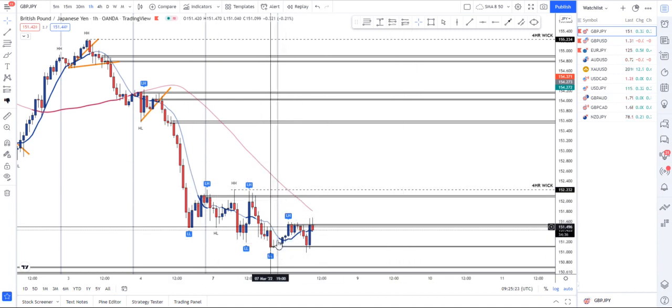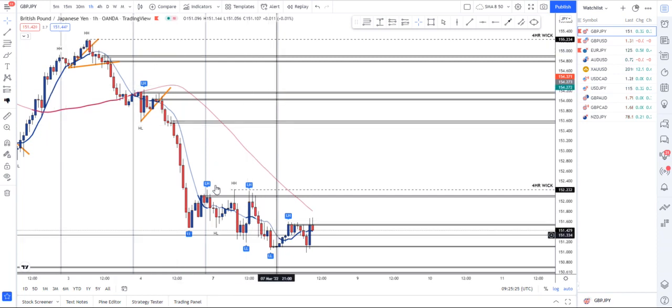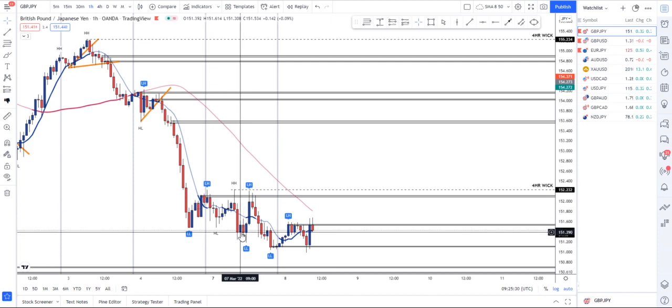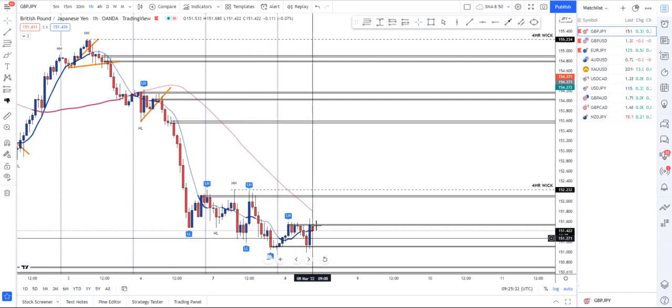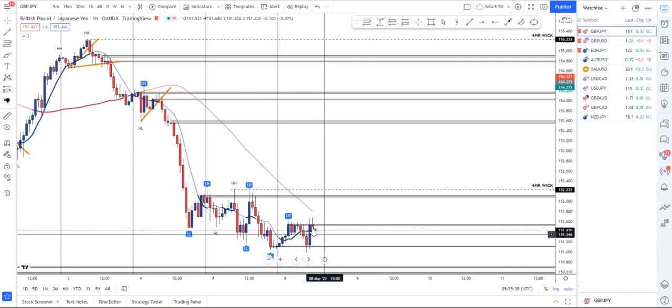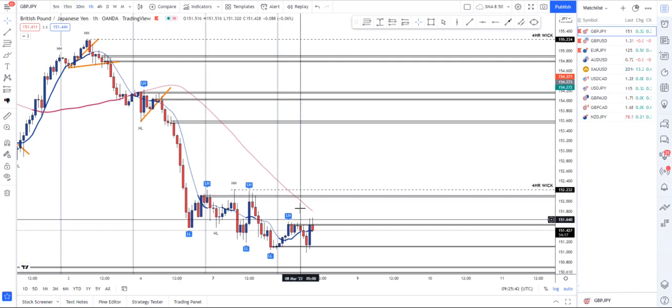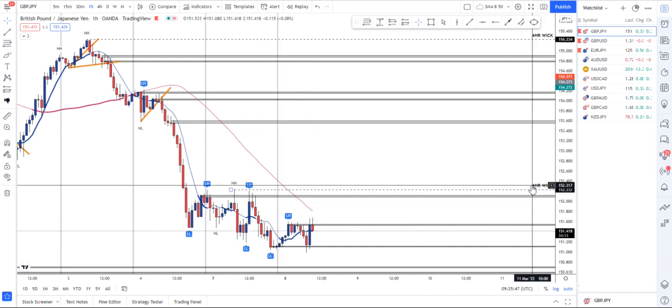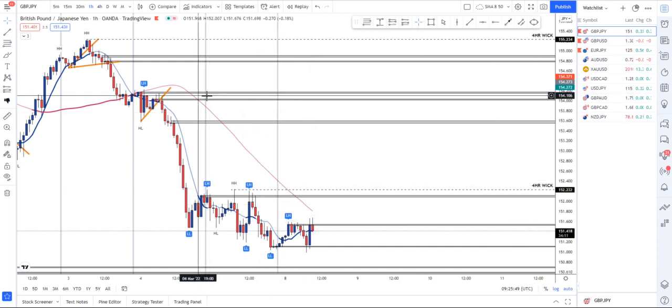But based on price action, we've got a strong push, a descending channel here, but it's not really making big lower lows. I also like to mark the 4 hour wicks, the most recent highs that have been rejected.